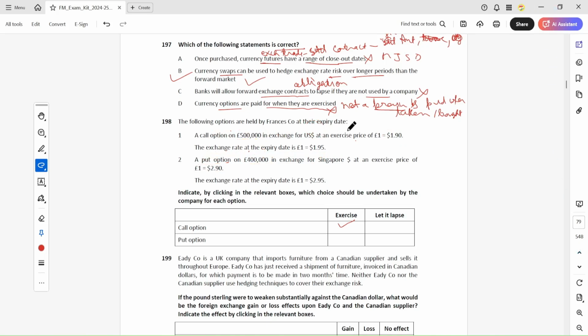Okay. So call option means right to buy this currency. Okay, so when you buy, right now at this exercise price, you will buy.